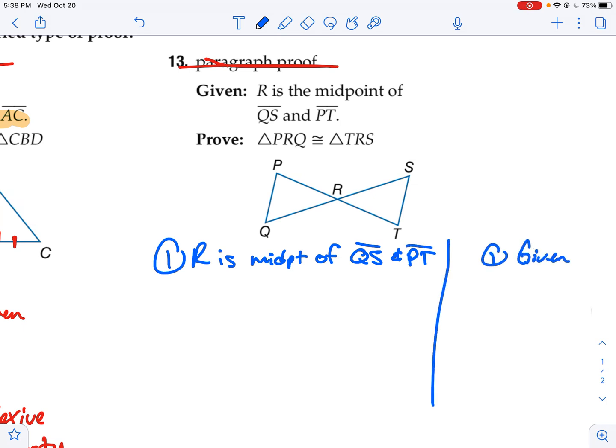That's given. So we always get our given statements down. Usually we look for a definition after that. So look through your given statement. Are there any vocab words we could define?